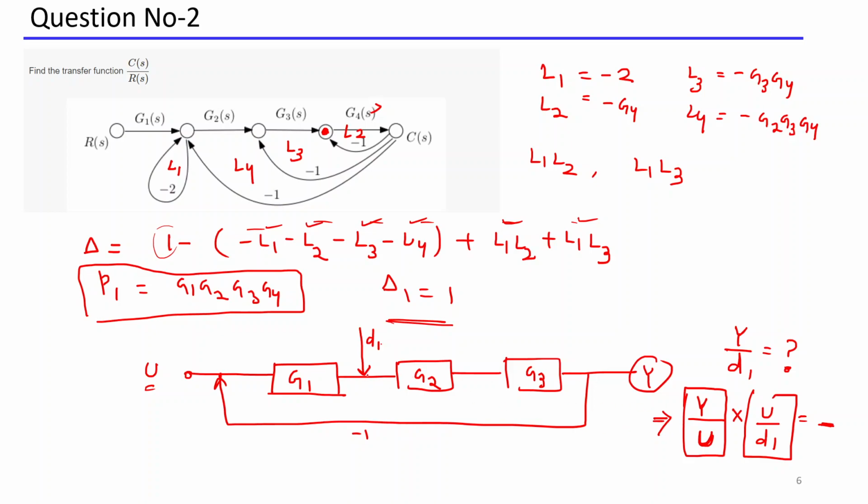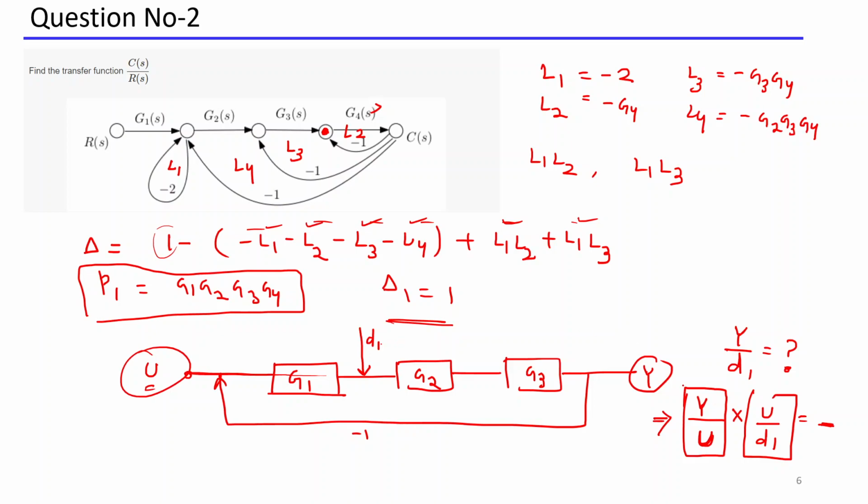It may not be the case here because you cannot find out U by D1, because there is no forward path. So this is not exactly the question I am saying, but there are some questions where the input is not the input here, the input is a middle point, then you can break that Y with respect to D1 or D1 with respect to some other point, like that also you can do.